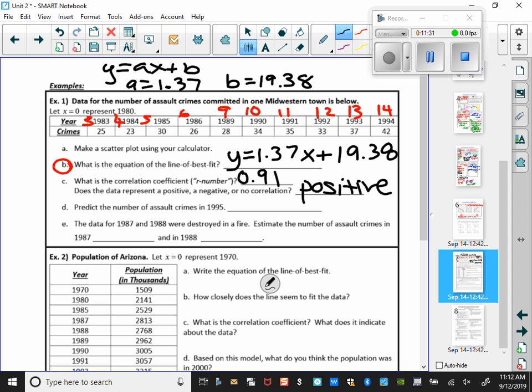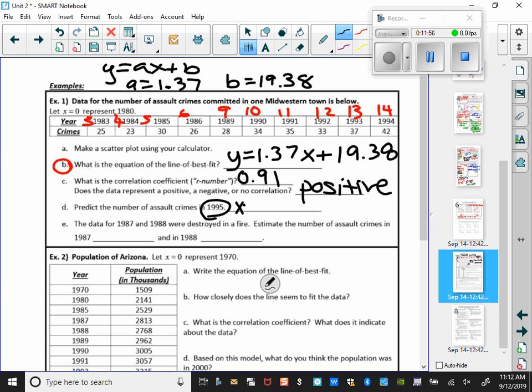To predict the number of assaults in 1995, think about what you are given here. Are you given an x or a y? You are given an x. What exactly is the x value that I would input here? 15, because year 0 was 1980.